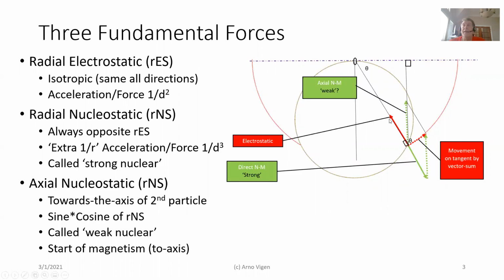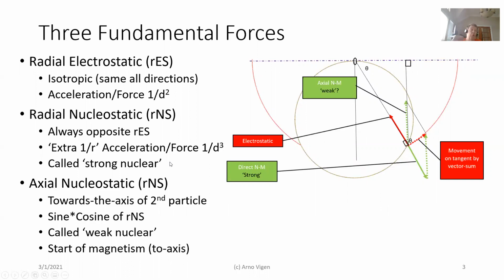Now, that is offset by what was discovered as an extra 1 over r force that is also isotropic, but its acceleration is 1 over distance cubed. And the direction is always opposite of the electrostatic. We call that the strong nuclear force.